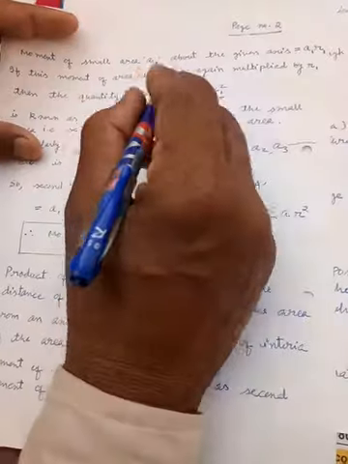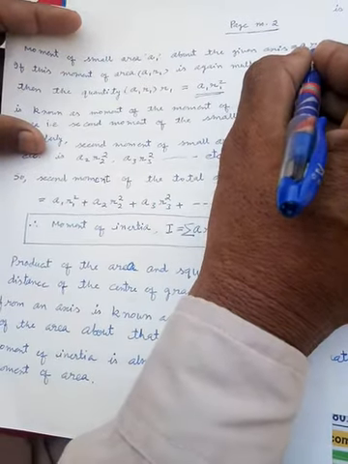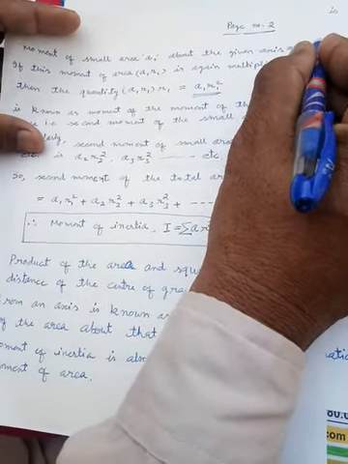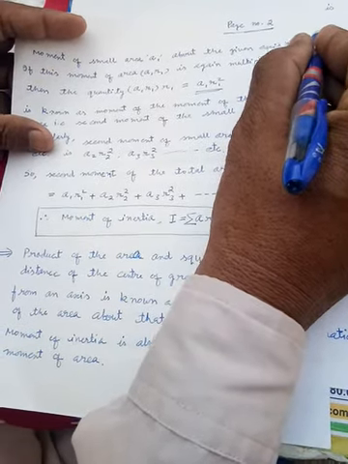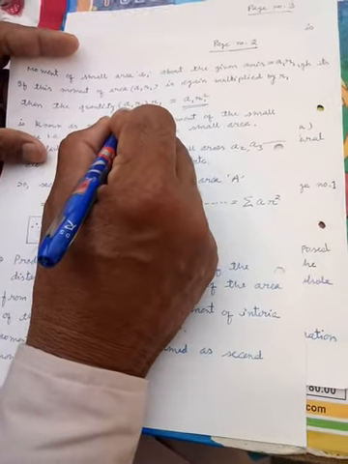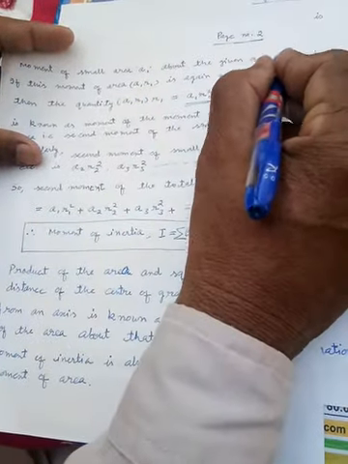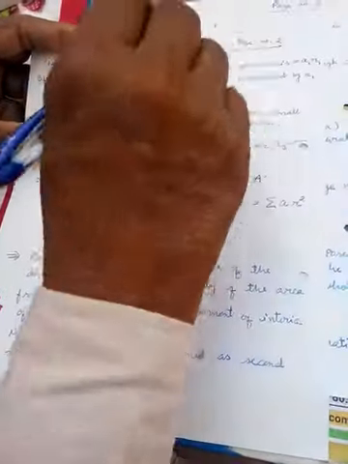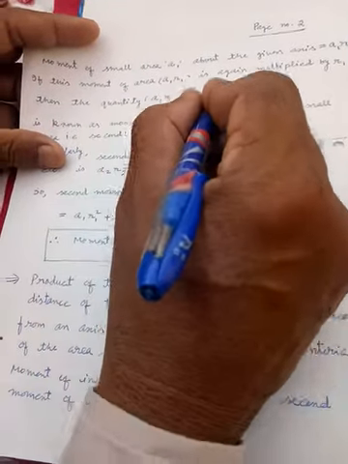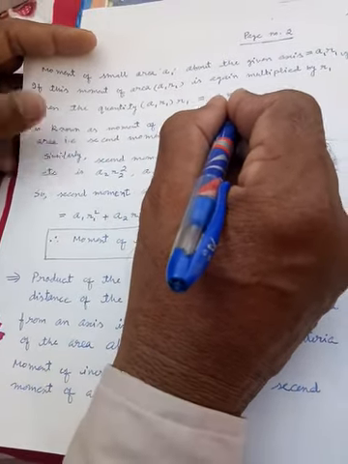If this moment of area A1 R1 is again multiplied by R1, then it is equal to A1 R1 square.